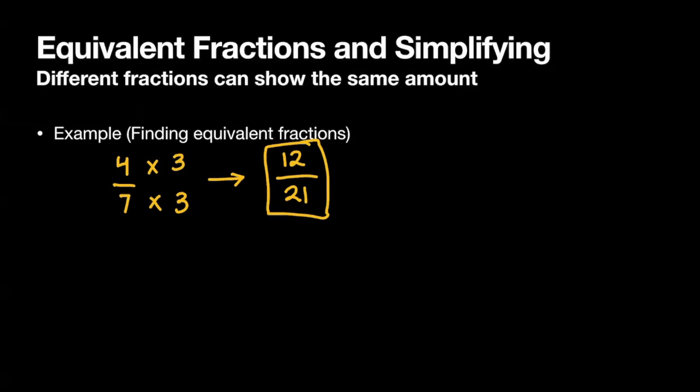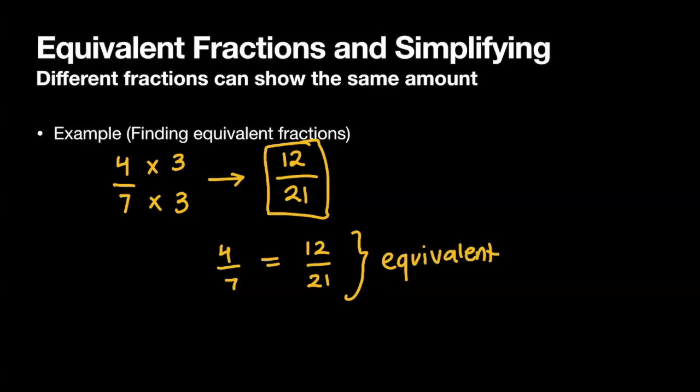So even though the fraction looks very different, they are the exact same. So 4/7 is equal to 12/21. And these are equivalent fractions.